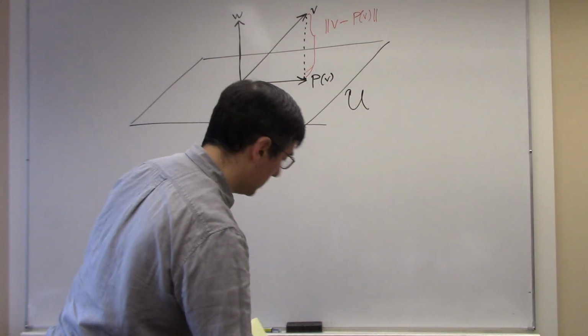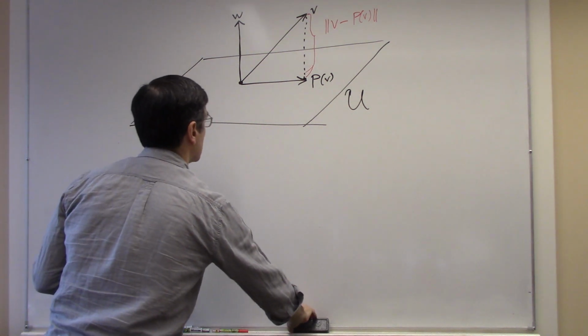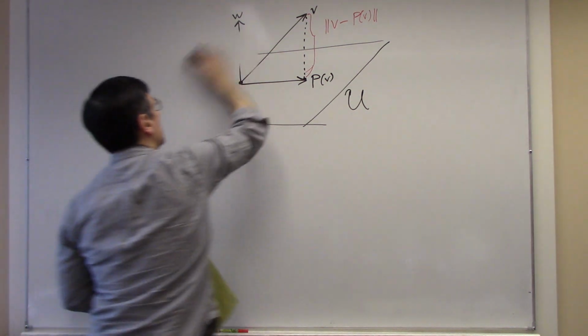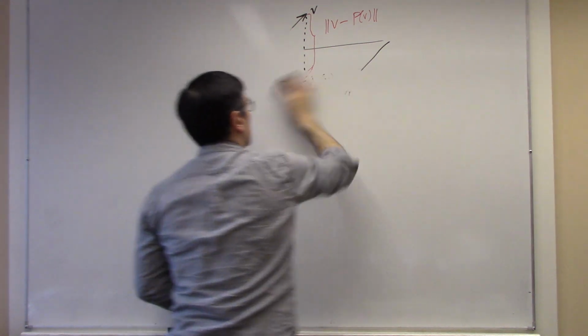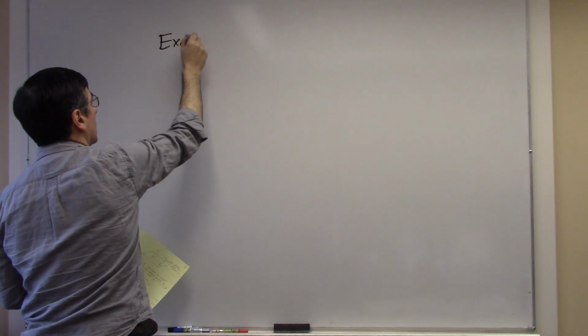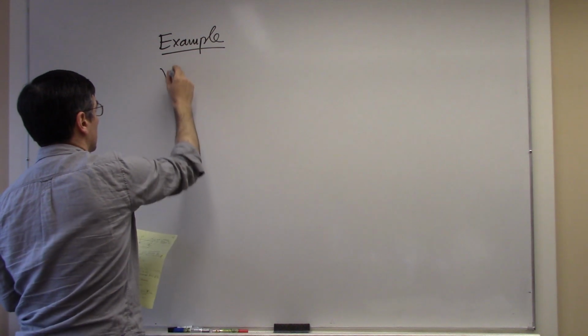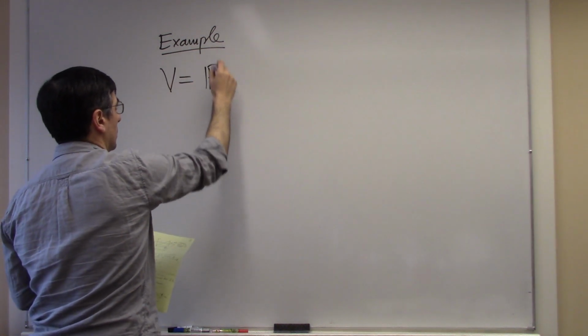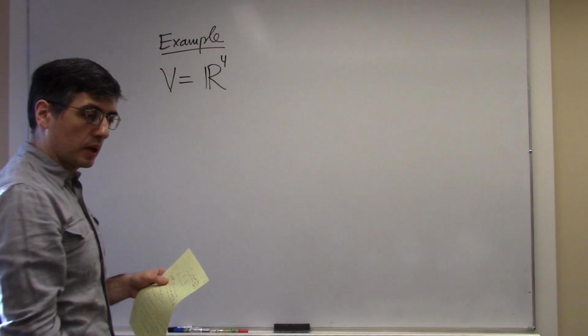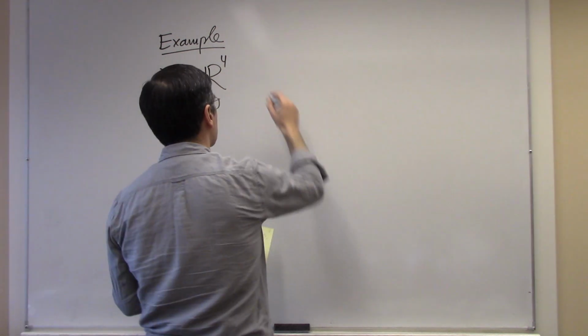And now the example. Example, V is R4. So now we have a slightly more complicated example where there is no picture necessarily with the usual dot product.